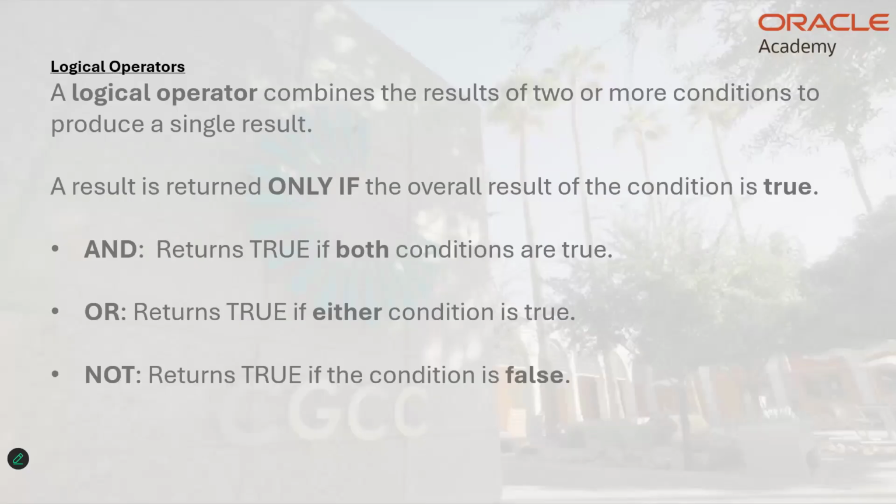Now you do have a NOT, and sometimes you may need to use that logical operator. It returns true if the condition is false. You have to think about that a little bit to see when you would use a NOT. There's an appropriate way to form a query with NOT. Maybe you want one condition and not the other.